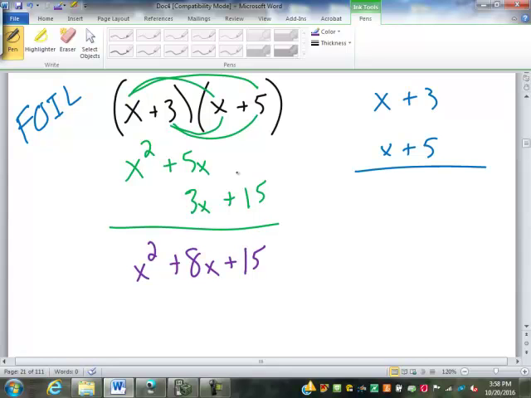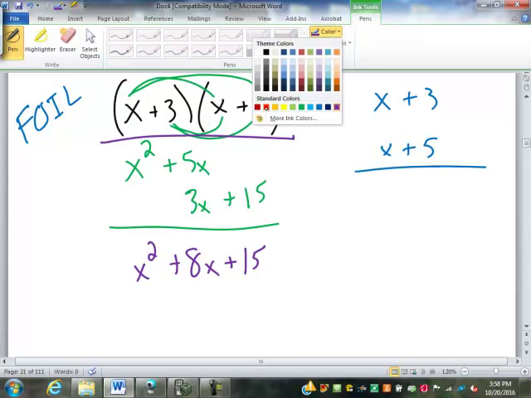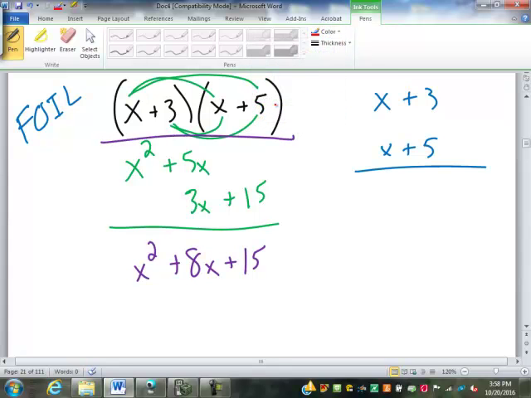If I were asked to factor this, in other words, to reverse that process, split it back up into those pieces, what I see about what I did here to combine them is the x squared. That was just the F in FOIL. It comes from the first 2 digits. The 15, that was just the L in FOIL. That comes from the last 2 digits.